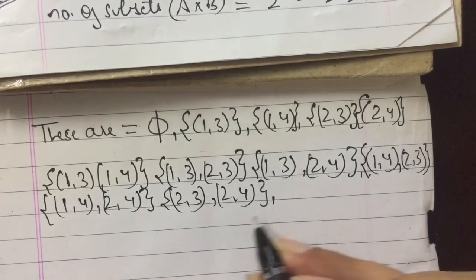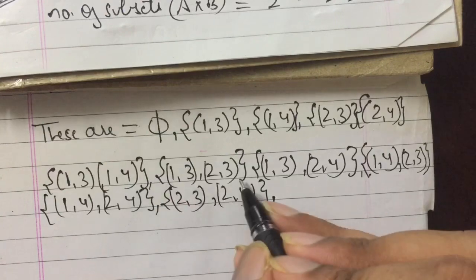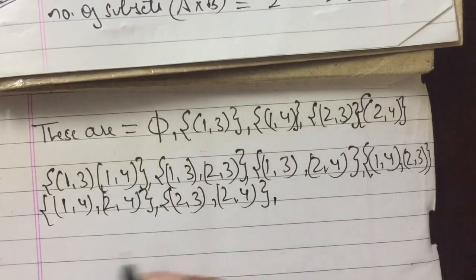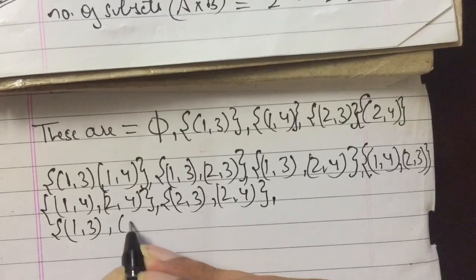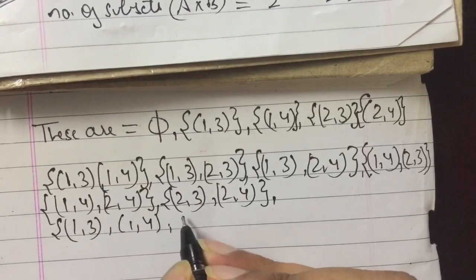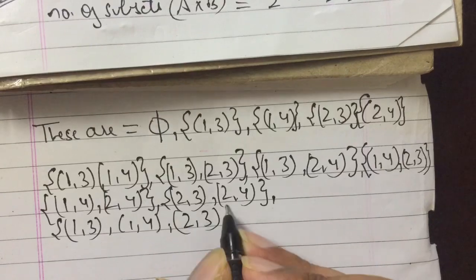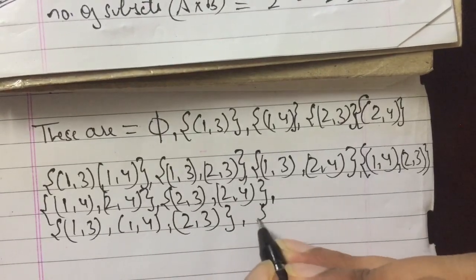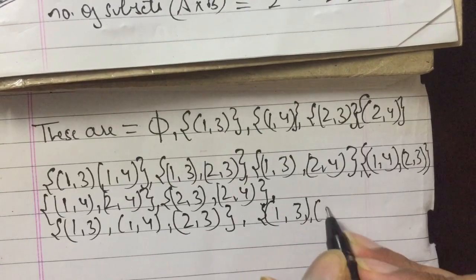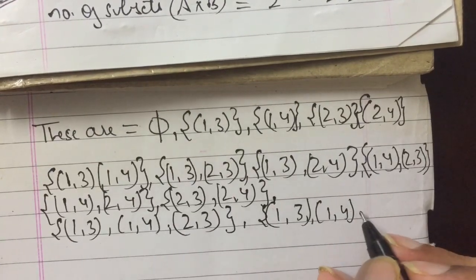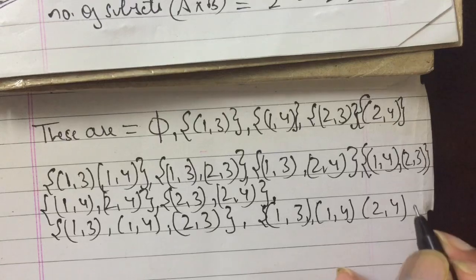Now next let's go for three elements taken together. So (1,3), (1,4), (2,3), right? Next (1,3), (1,4) and (2,4), right?